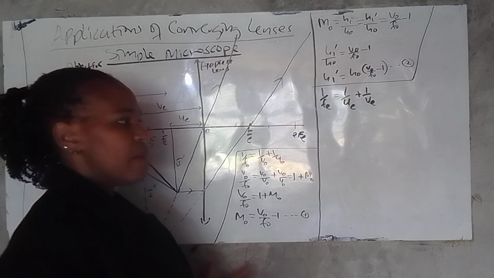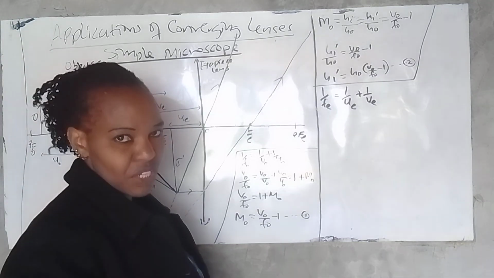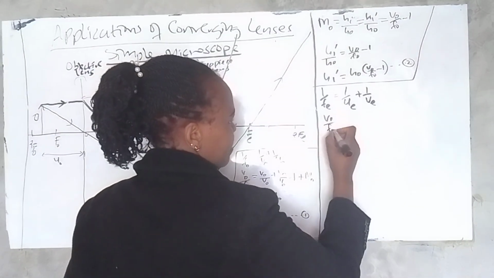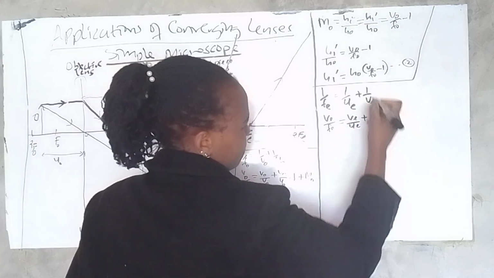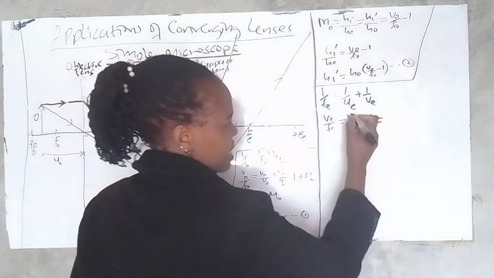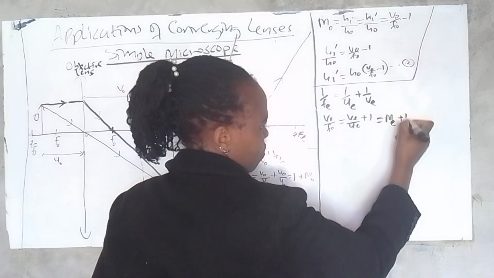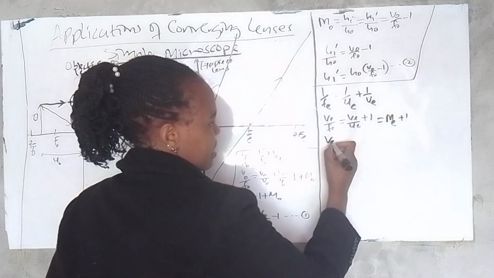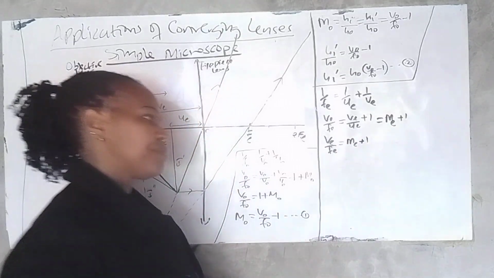Multiply both sides by image distance VE, so that we get magnification from that lens formula. So this will be VE over FE equals VE over UE plus VE over VE is 1. But we also know that VE over UE is magnification. So we call it ME plus 1. So VE over FE equals ME plus 1.